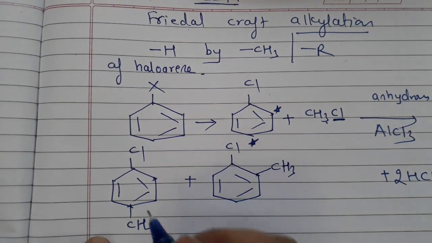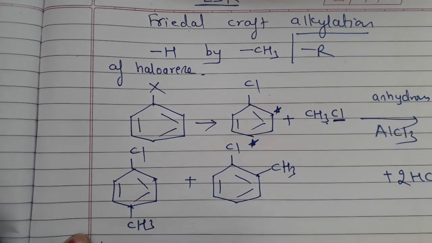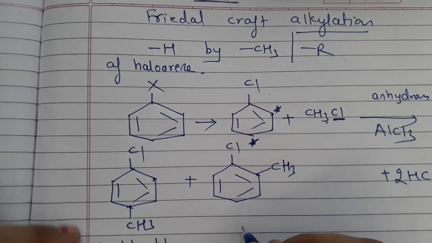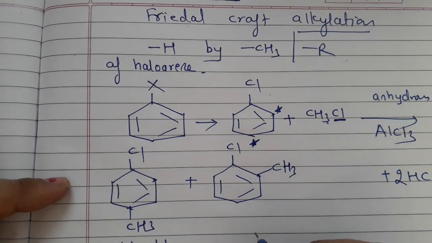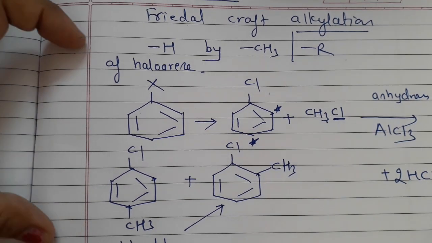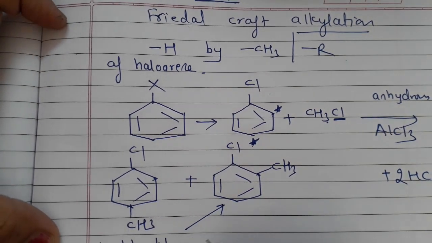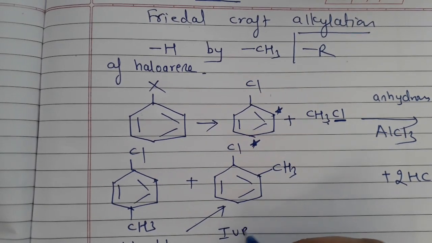So what I can say, it is 1-chlorotoluene, and this is which one? This is 4-chloro. 1-chlorotoluene is this, and this is, naming we are not focusing much now, but you can also study it using the IUPAC.